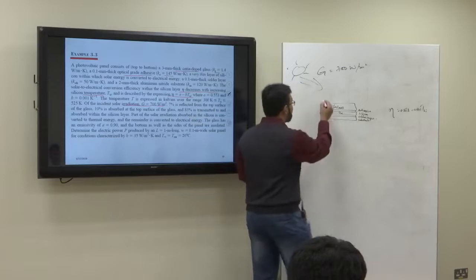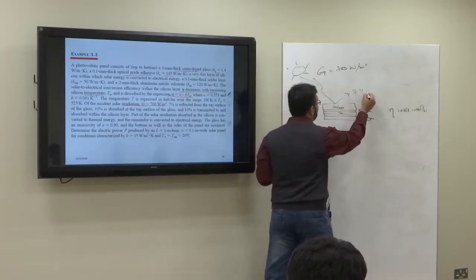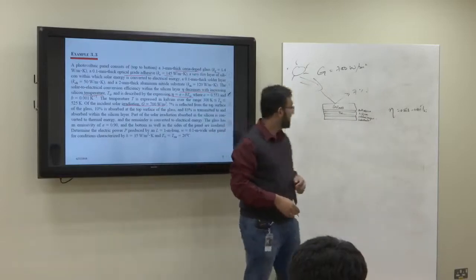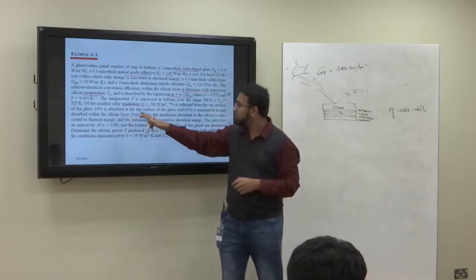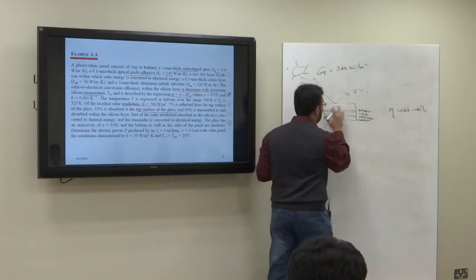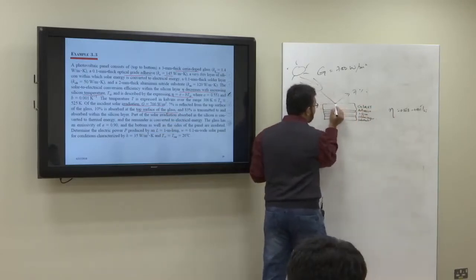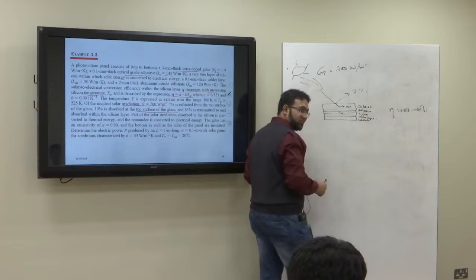So when it comes here, 7% is reflected. Then 10% is absorbed within the glass. So the remaining goes into the glass, but out of that, 10% is absorbed.